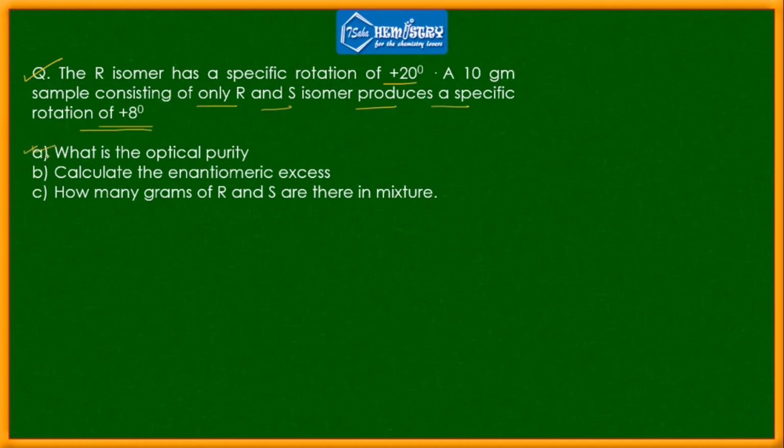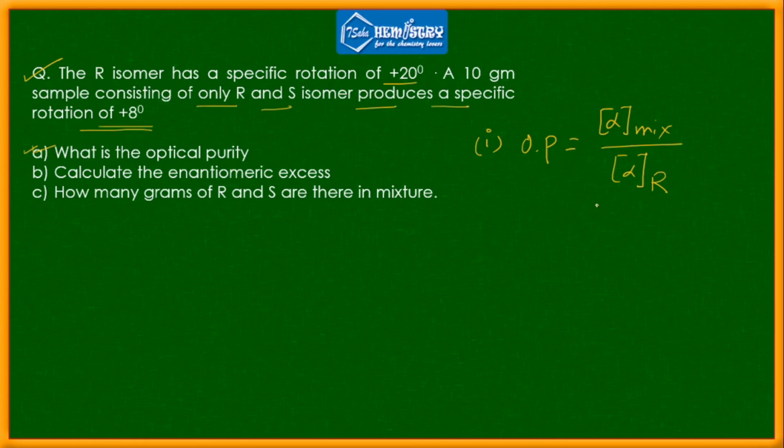What is the optical purity? All of you know how to calculate optical purity: alpha mixture by alpha pure. Which isomer is pure here? The R isomer.